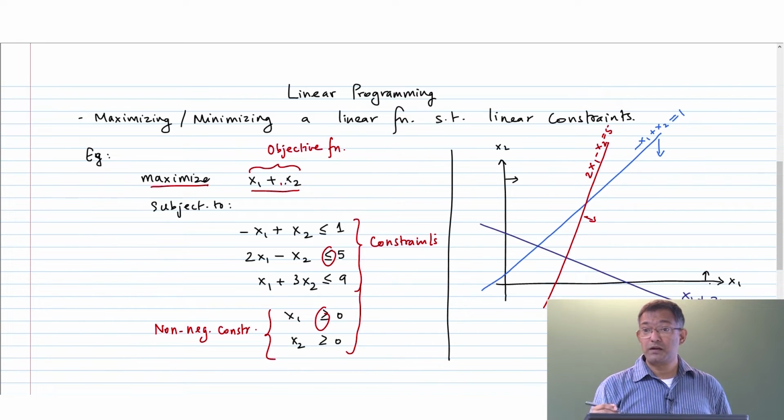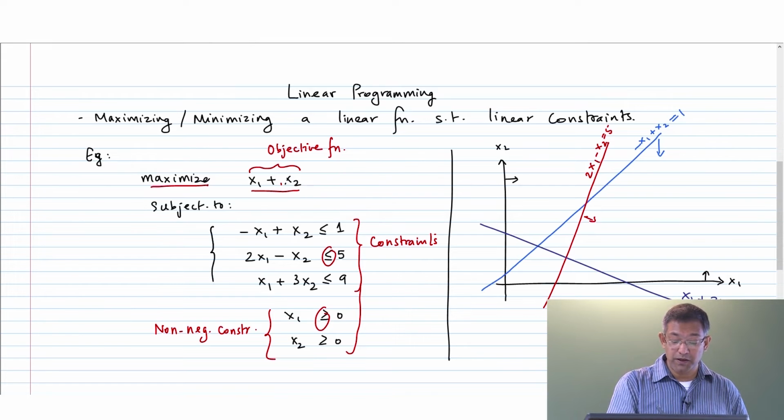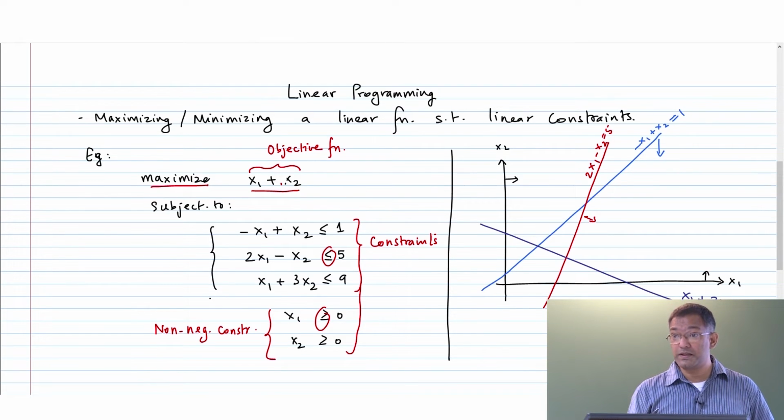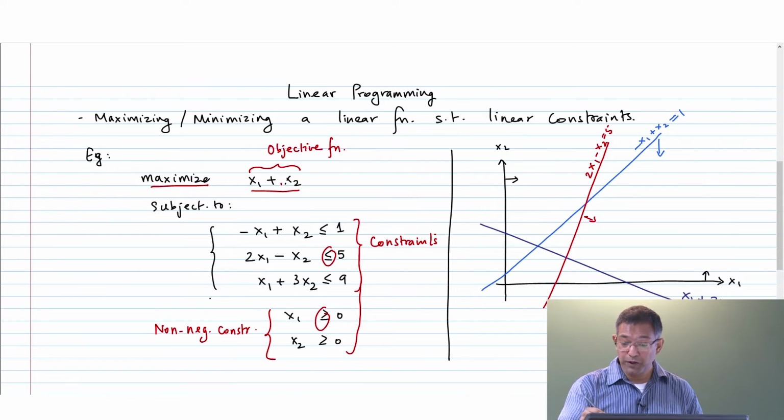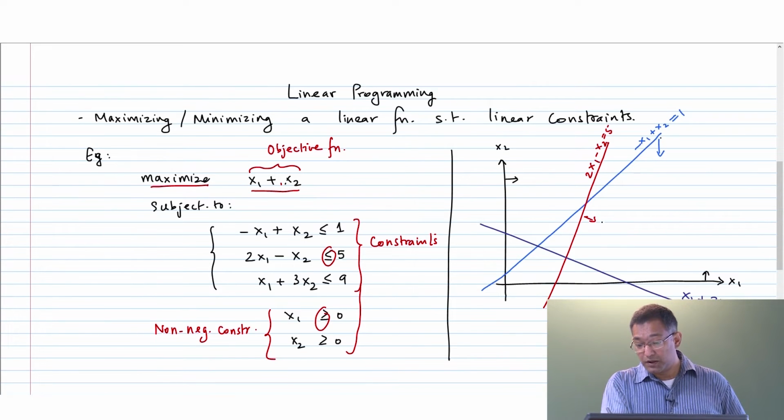So, the points that can satisfy what we want are points that satisfy all of these inequalities simultaneously. So, the point should lie in the blue half space, should lie in the red half space, should lie in the purple half space, and should lie in the black half spaces.